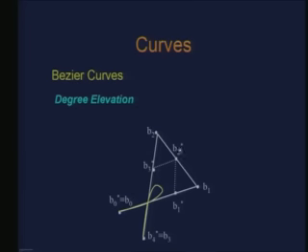So, this basically does the localization of the B stars for the same curve, and obviously, the first and the last points have to be the same.